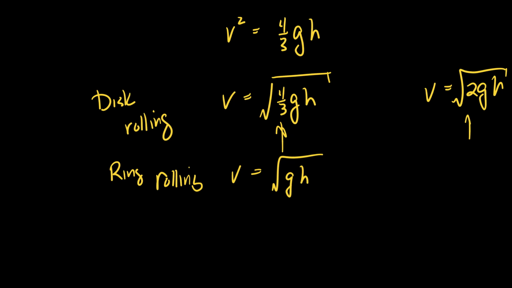Now, I am going to actively try and trick you. Are you ready? And again, I'm telling you ahead of time, students will get tricked with this question. So I want to read this question. Let's say that I have the disc and the ring again, and a ramp that is long enough to accommodate what I'm about to give them.